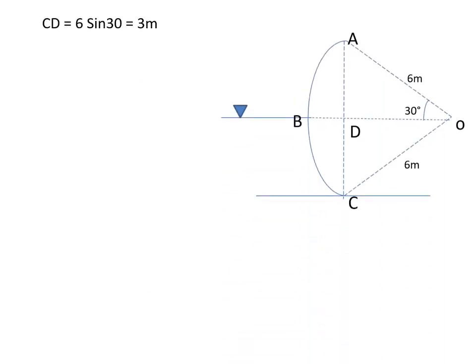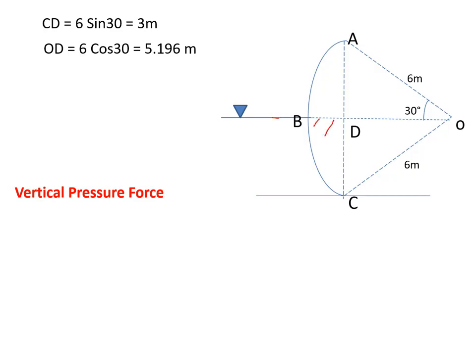Now again we are required to find the FV here. For that we need CD and OD, which are already determined. So what is the vertical pressure force? It is nothing but the weight of the liquid displaced from the curved surface to the free surface. So which portion do you have to take? Only this portion. The curved surface is here and the free surface is here, so it is only this portion. Last time we took the entire thing, now we are taking only this.